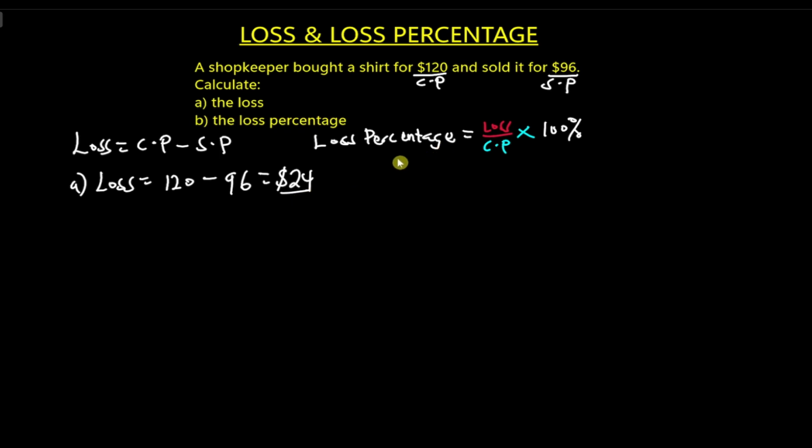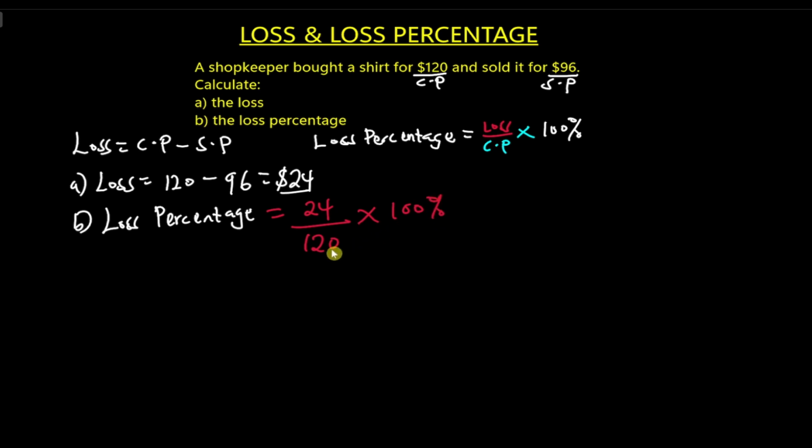And the second one is the loss percentage. Now we know the loss, so B, the loss percentage equals, now the loss over here is 24, so 24, and the cost price is 120, so 24 over 120 times 100%.